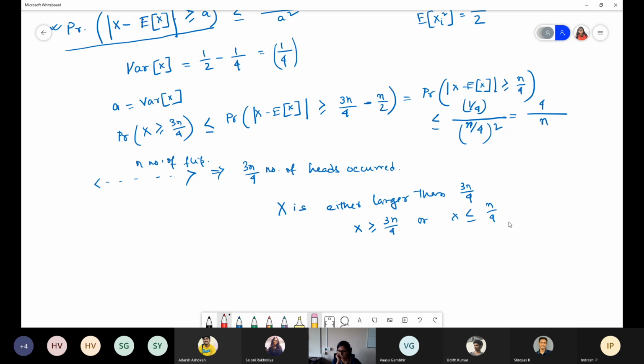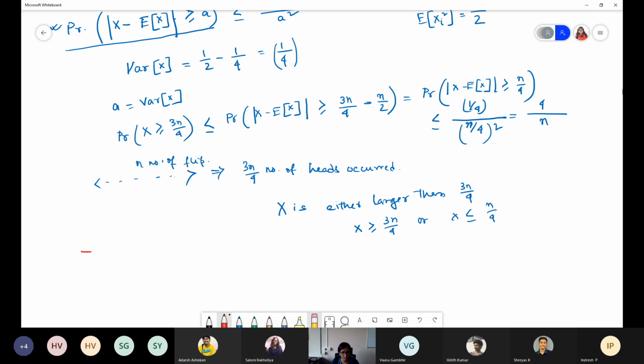By symmetry, you can claim that the probability of the number of heads being more than 3n by 4 will be exactly 2 by n. That is half of 4 by n.